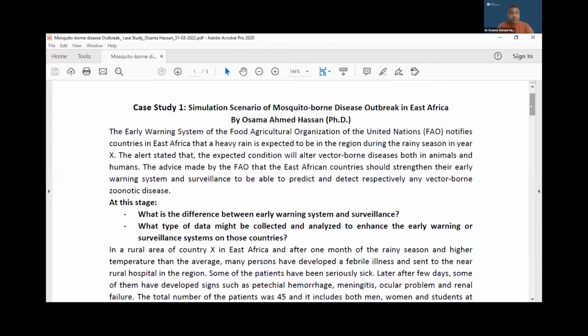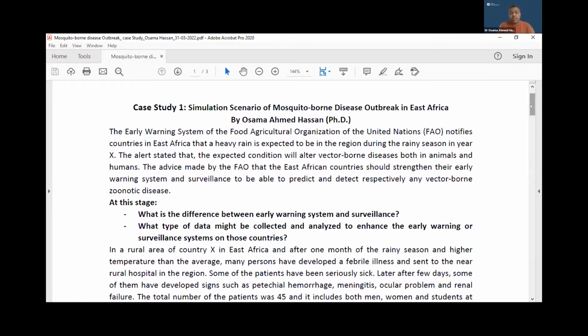But the surveillance system itself is a systematic collection and aggregation of data related to the disease of interest. And if the level of cases of disease exceeds the threshold, that means the surveillance will be able to detect the outbreak.